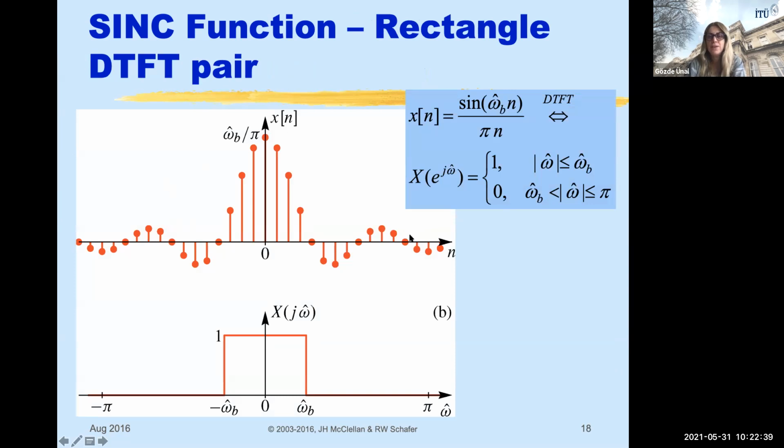A sinc function, sine omega hat b n over pi n, has a Fourier transform that is a low pass filter with the corresponding cutoff frequency. Just remember this picture in your mind.